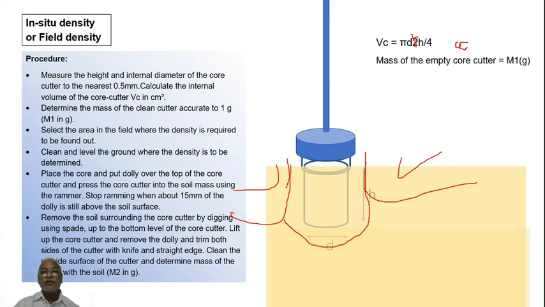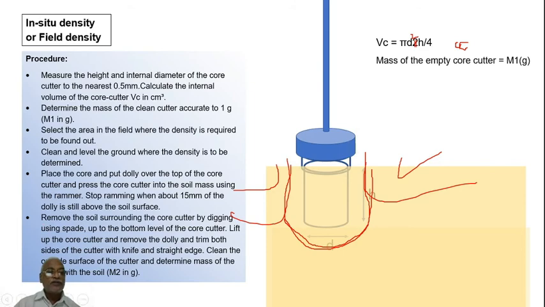Take out this mass of soil, clean the outer surface, and go to the lab, then level off the soil from the top after removing the dolly. That's what is written here.